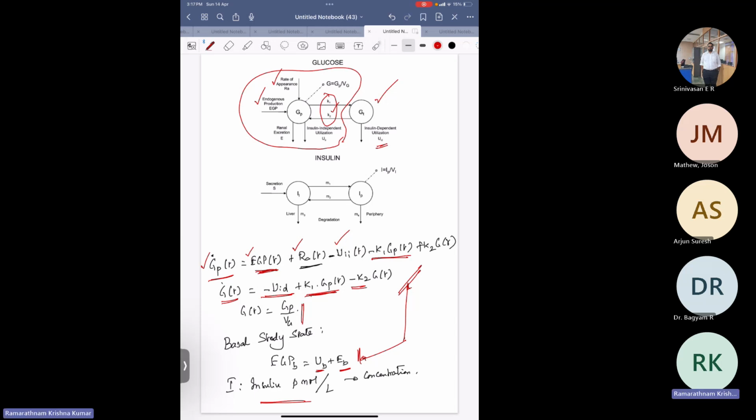This only gives you the database design directly. The physiology part of it comes from these kinds of equations. Clear? Okay, so that's the first thing.